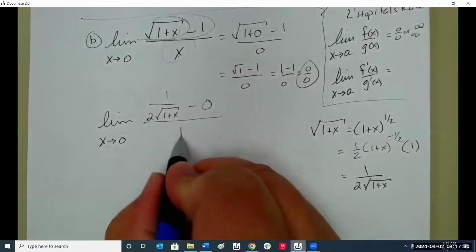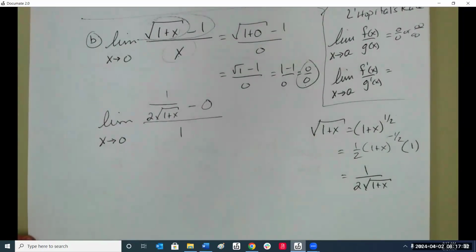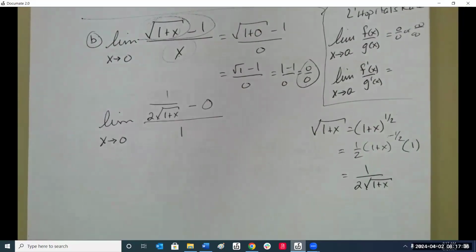The derivative of x is 1. I see a lot of people staring at the board like they've never seen this stuff before.